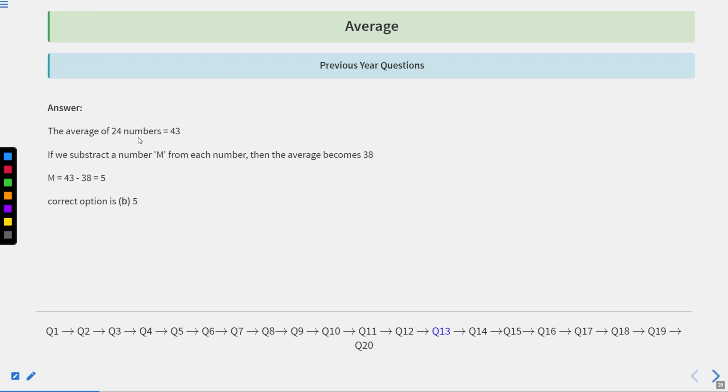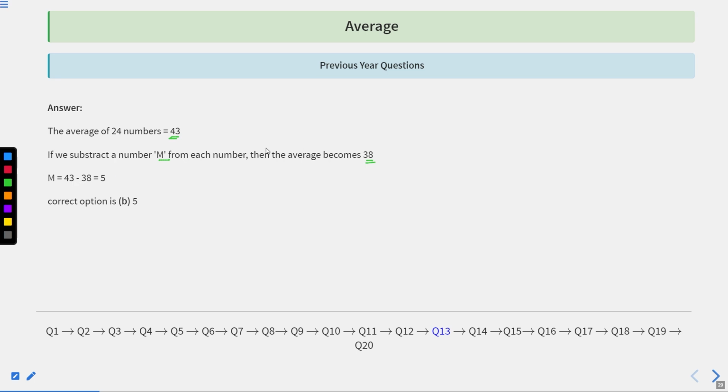So the average of 24 numbers is 43. And if you subtract m from each number, then the average becomes 38. And now try to recall, whenever we subtract each observation by a, the average is also subtracted by a. So the same thing is happening here.